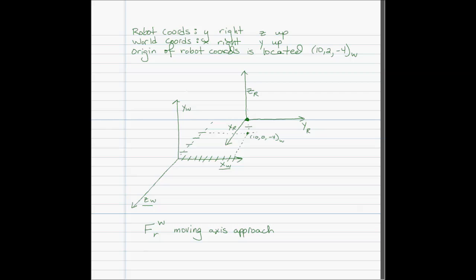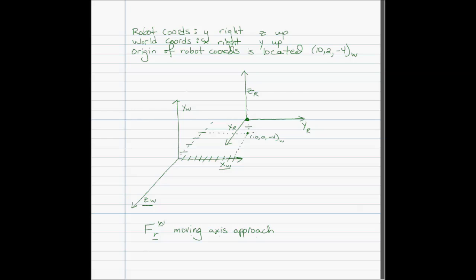Right, so this is how do we move the robot coordinate frame into alignment with world coordinates using a moving axis approach. There's, of course, a lot of ways to do this. I think I'm going to do it first by doing my translation to get the origins of the two axes co-located, and then I will do the rotations that I need.